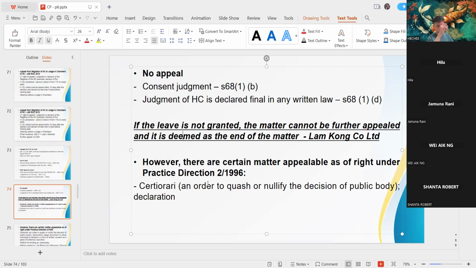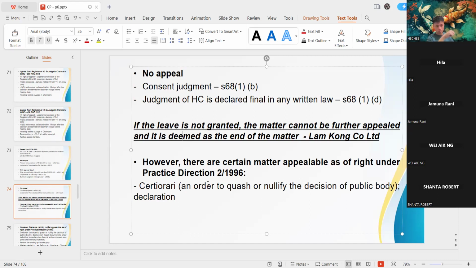So the certiorari means that you want to nullify the order given by the judge, because the judge already acquitted Ahmad Zahid. So by filing this judicial review, one of the relief is the certiorari. And this is how the certiorari works. You will nullify the judgment given by the previous judge.